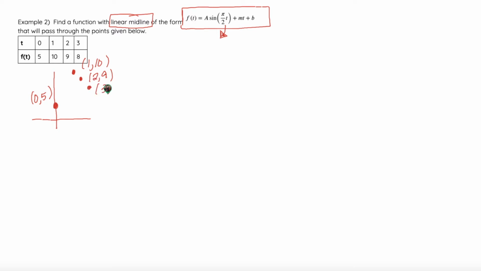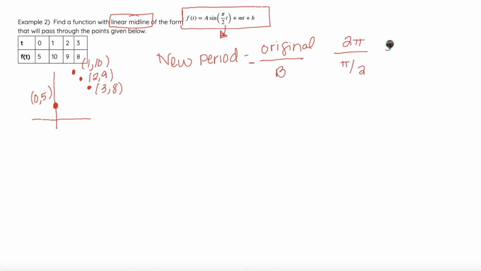So something that looks like this. All right, so our new period, we have to find what that might be, is equal to the original, which we know is 2 pi over our b value, and it gives us a b value of pi over 2. So our period is 4 units.